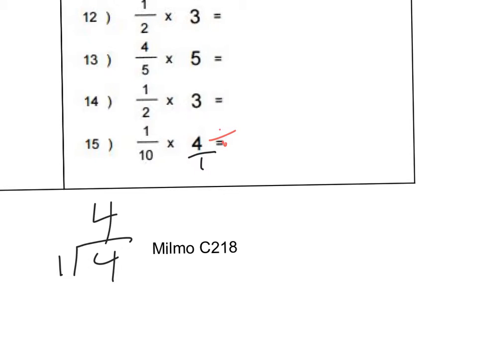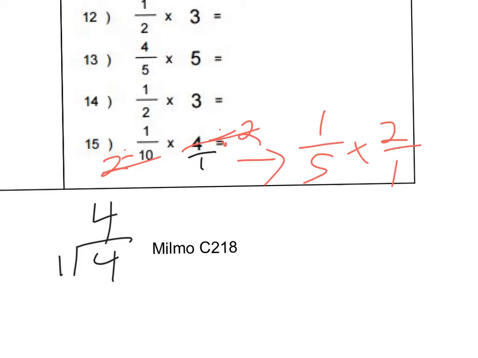With what? 2. Okay, and what else? 10 and 2, right? Okay, good, and let's rewrite this, okay? So 2 goes into 10 how many times? 5. 4 goes into 2 how many times? 2 over 1. What do we need to do now?